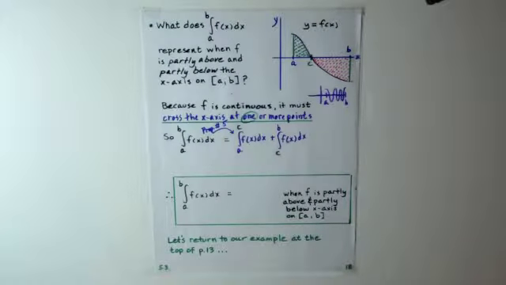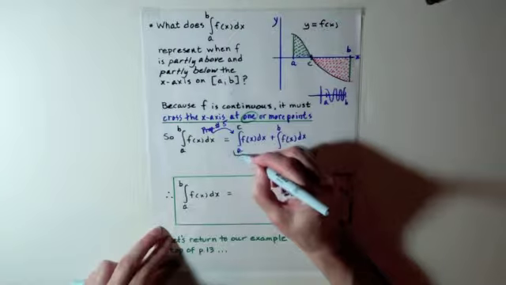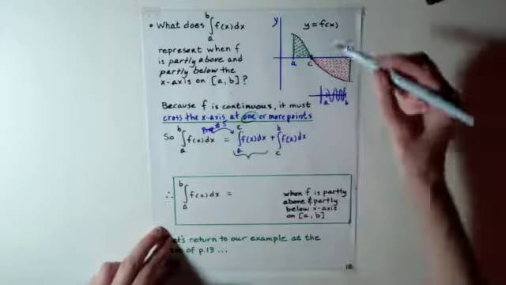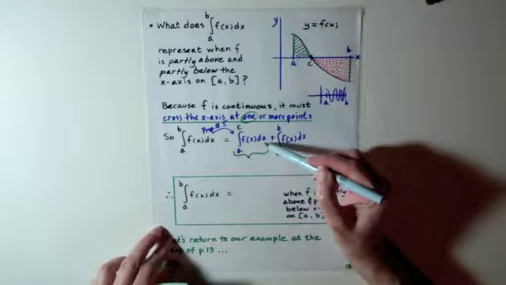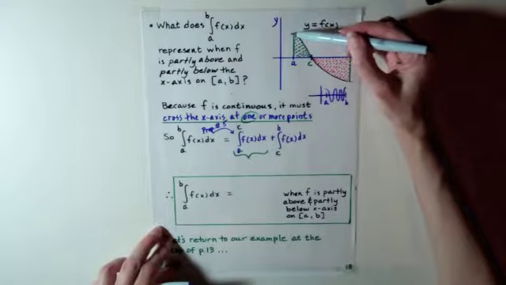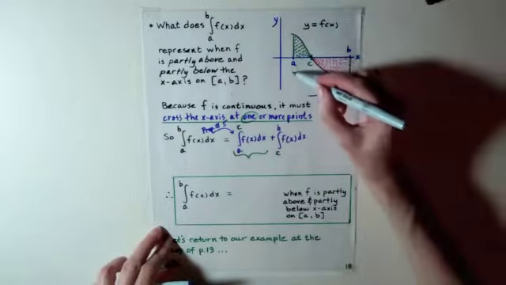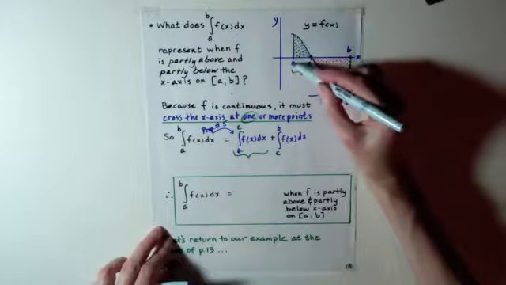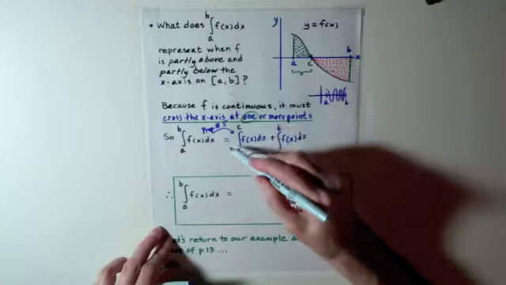But now let's think about each of those integrals separately. I'm going to start by thinking about this first integral. In the picture that I've drawn, the integral from A to C of f of x dx, well, notice that the graph is entirely above or on the x-axis on that first interval from A just up to C. And so we know what this integral represents.